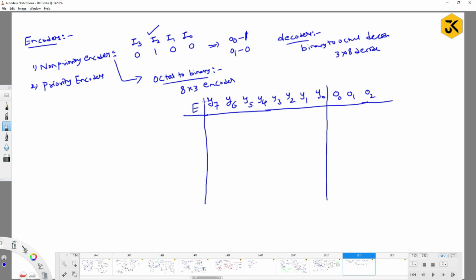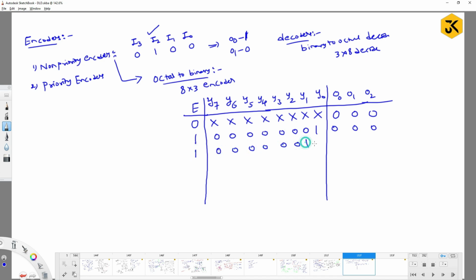Any circuit is going to have an enabler. When the enabler value is 0, irrespective of all the other input values, I can pass 0 or 1, and the output will always be 0 because the circuit is in the off state. Similarly, if I enable the circuit by making it 1, I need to define its values. With enabler 1 and all zeros, you get 0, 0, 0. With 0, 0, 1, 0, the output is 0, 0, 1.